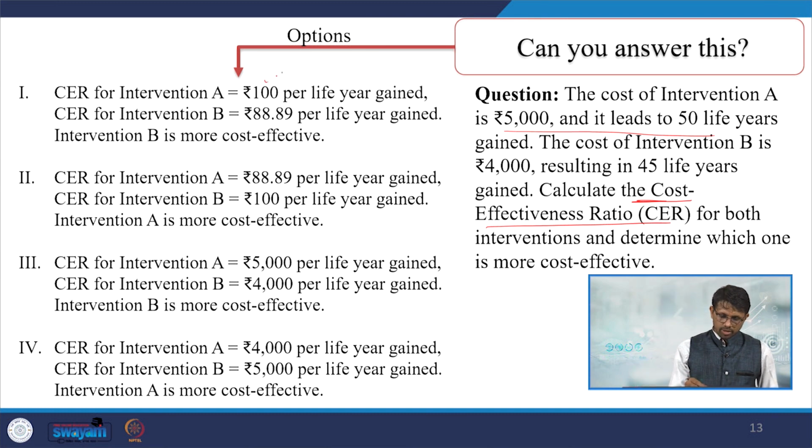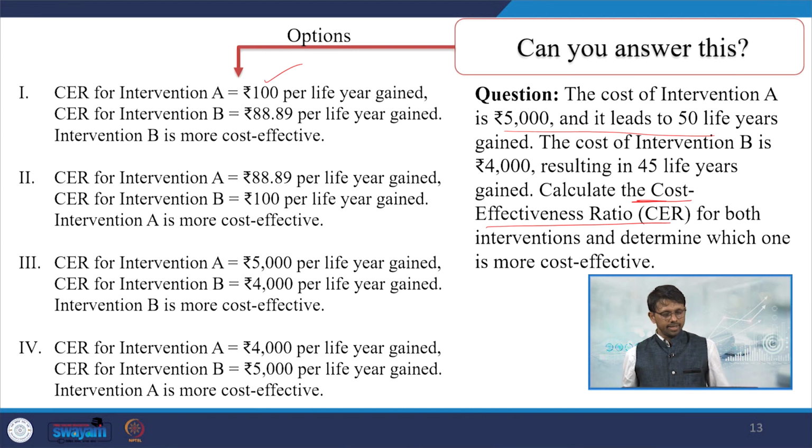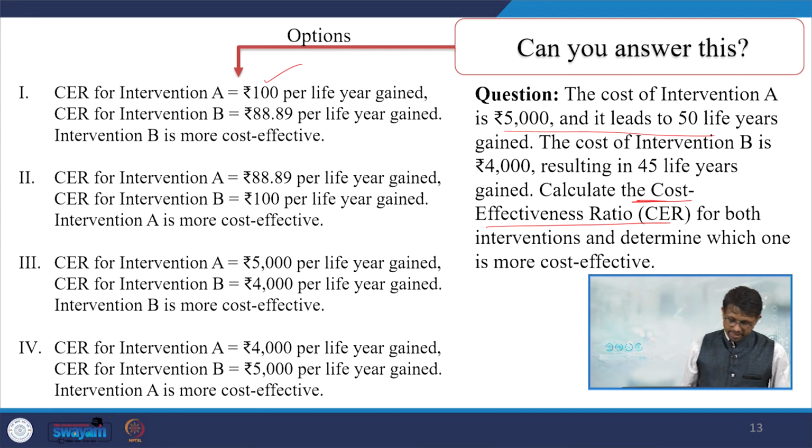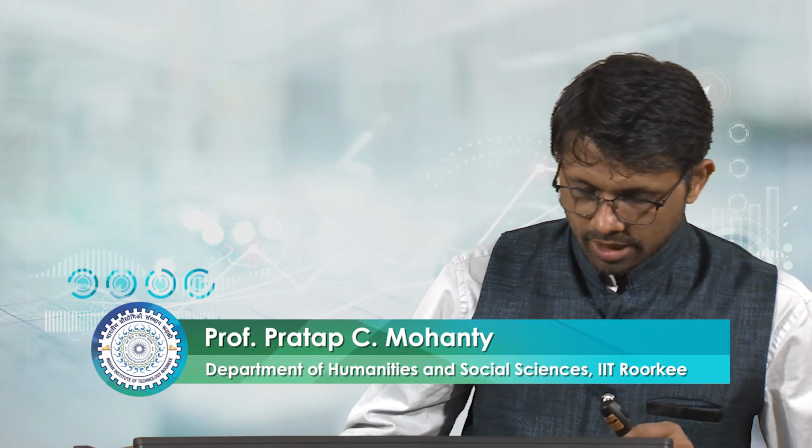And CER for intervention B is of course 4,000 divided by 45. Okay, so that's precisely around 88.89 per life year gained. Hence, out of these two comparisons, you can see that intervention B is more effective because its cost is lesser.